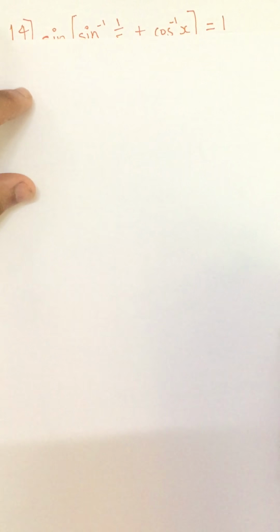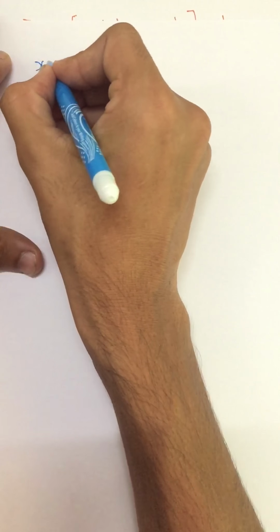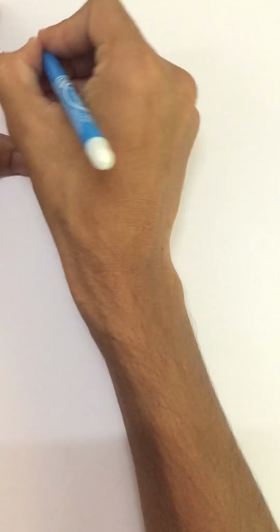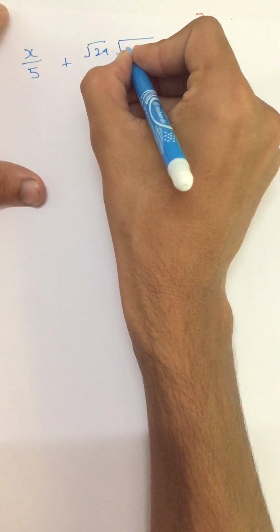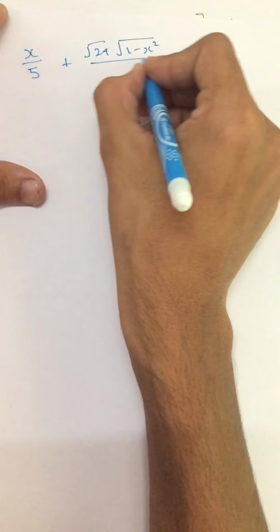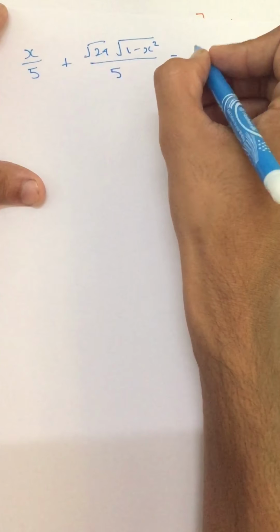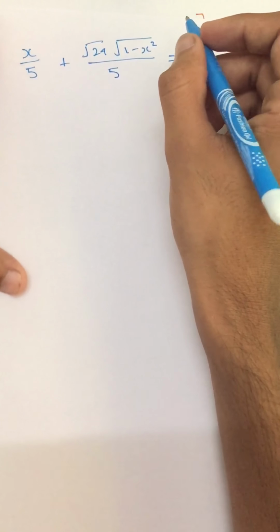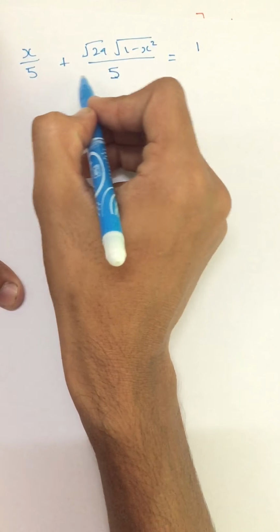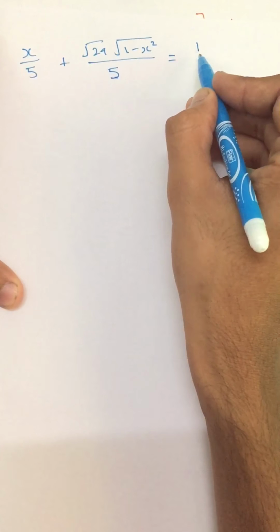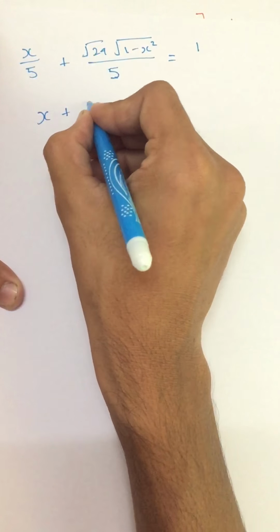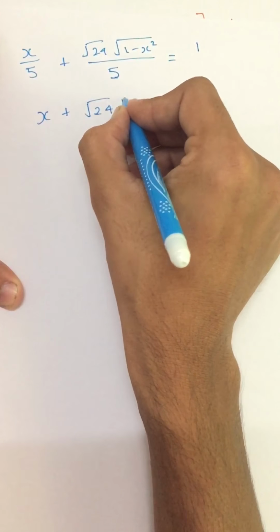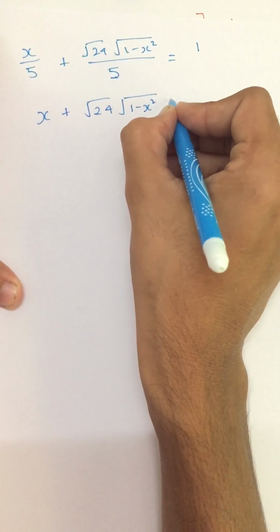I'll just write down the equation once again on this page. x upon 5 plus under root 24 into under root 1 minus x square whole upon 5 equals to 1. So now friends, I can take 1 upon 5 common and multiply it to this 1. So x plus under root 24 into under root 1 minus x square equals to 5.